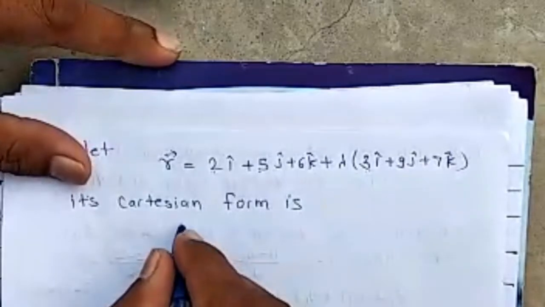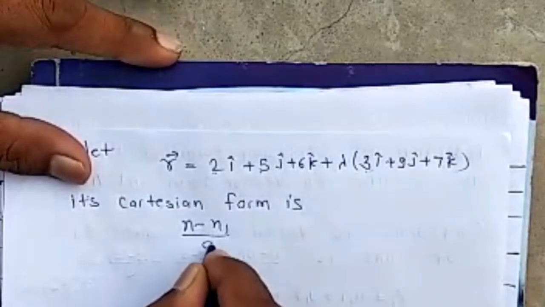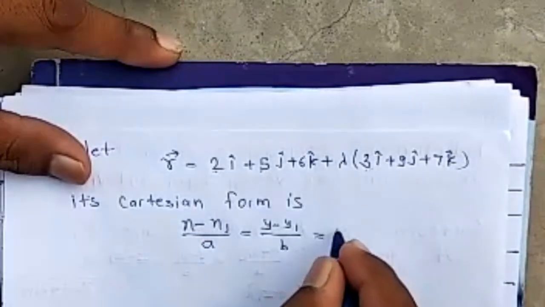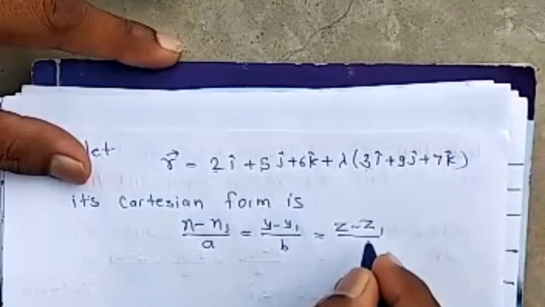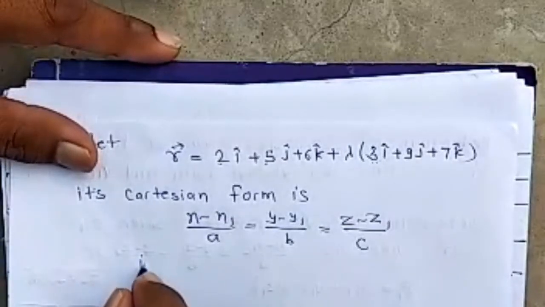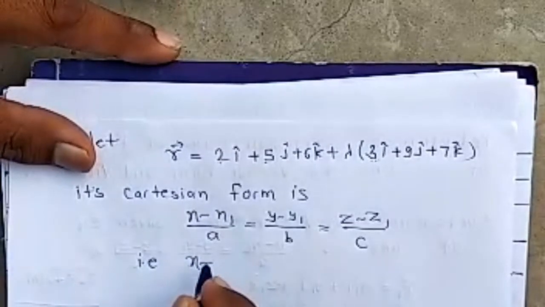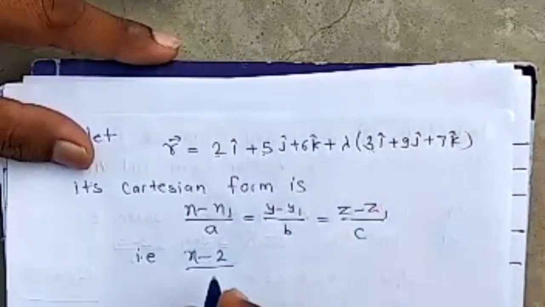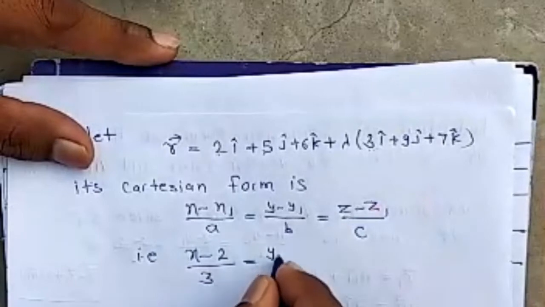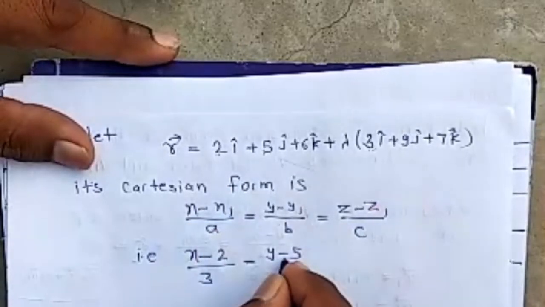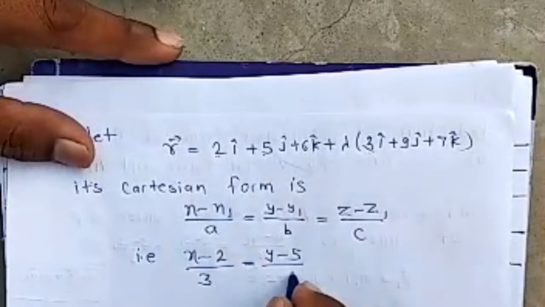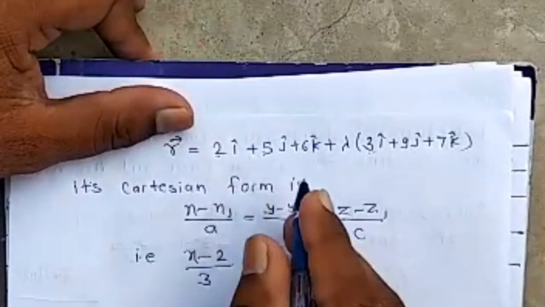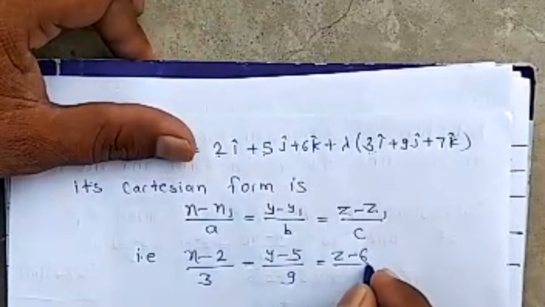We know that Cartesian form is x minus x1 upon a, y minus y1 upon b, z minus z1 upon c, means x minus 2 upon 3, y minus 5 upon 9, and z minus 6 upon 7.